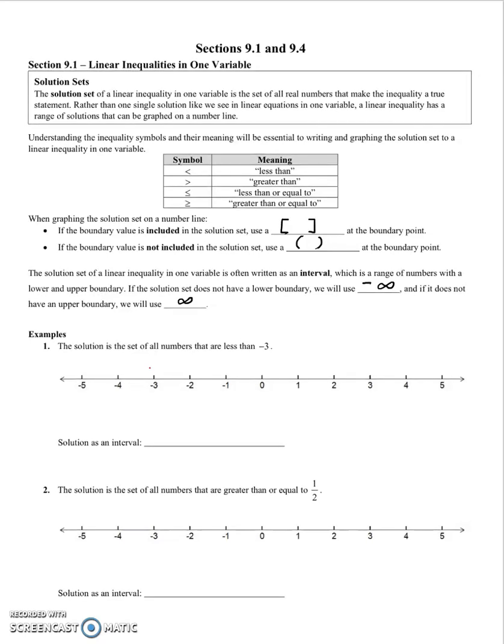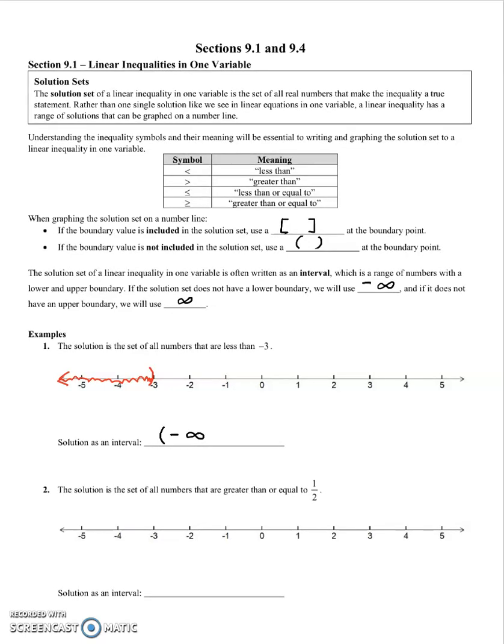So we put an open parenthesis and then we shade in the less than direction, so to the left. If we want to write that solution as an interval, we always do the lowest number first, so it goes all the way to negative infinity.